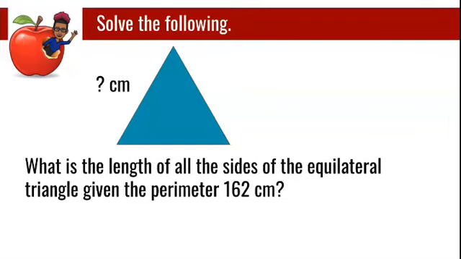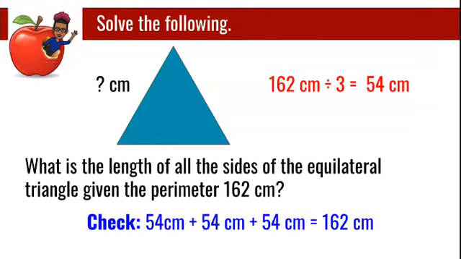So again, we divide our perimeter, which is 162, by the number of sides in the equilateral triangle, 3 equal sides, we get 54. That 54 represents the length of each side of the equilateral triangle.